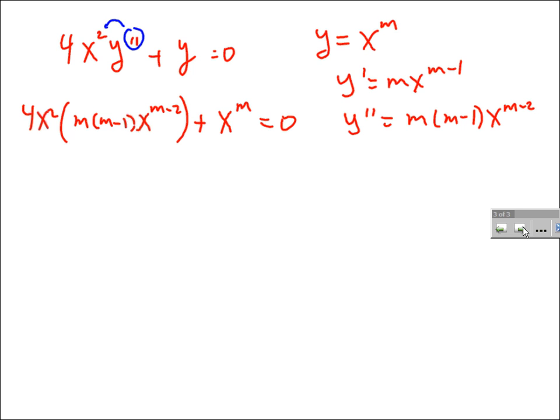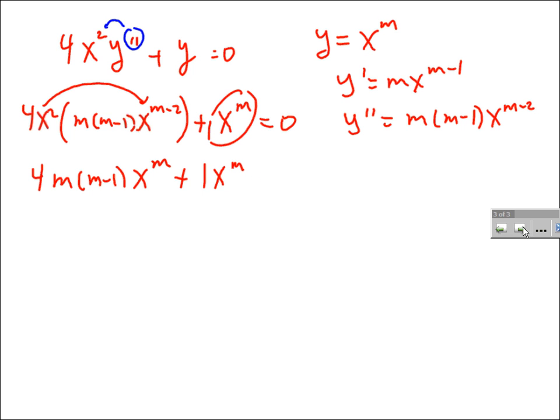This is 0. Well, that product will be x to the m. So you can have 4 times m times m minus 1 x to the m's plus this. That is 1 x to the m.